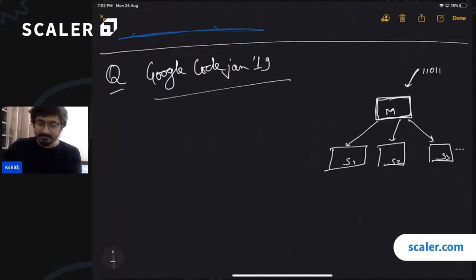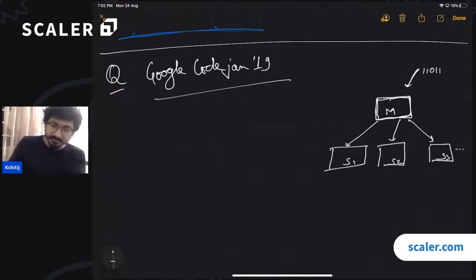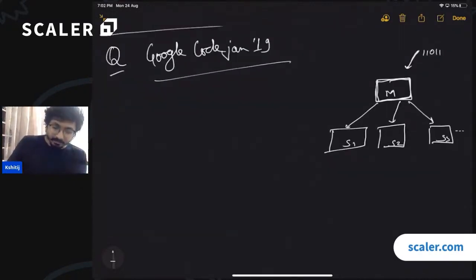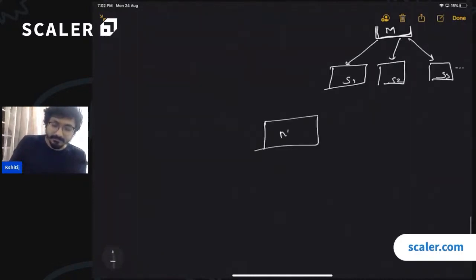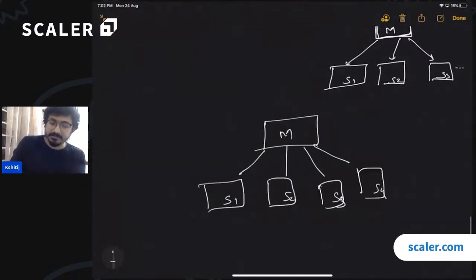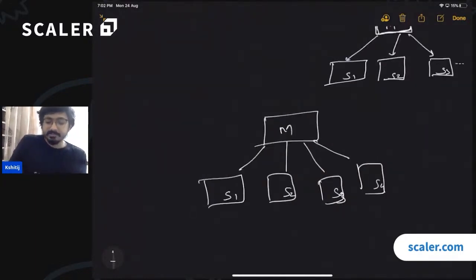So what it does is send one bit to every slave server. If there are 4 slave servers, then you will be entering a binary string of length 4, and the master server distributes each bit to one server.